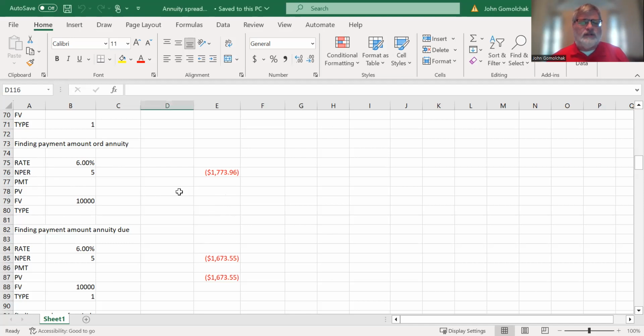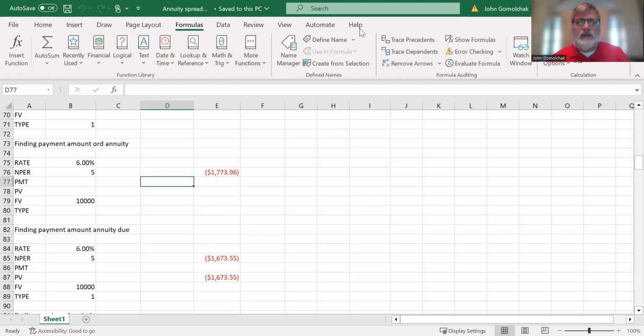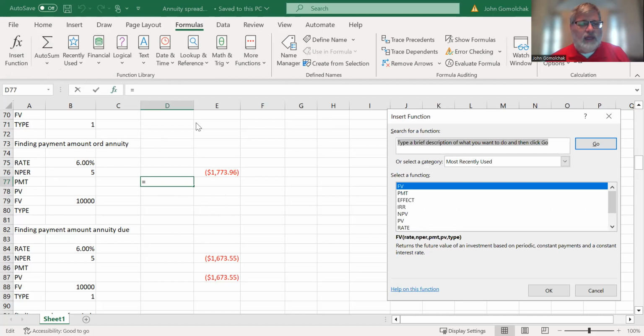So basically all we're going to do is hit the insert function button, and I'm looking for payment.